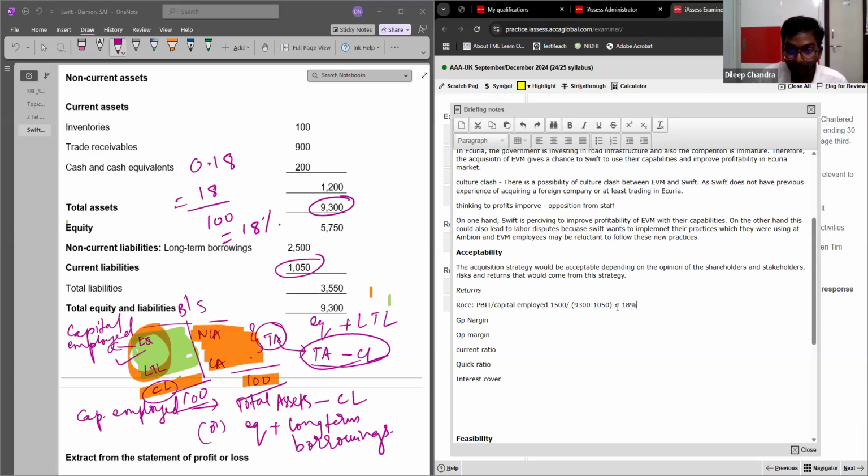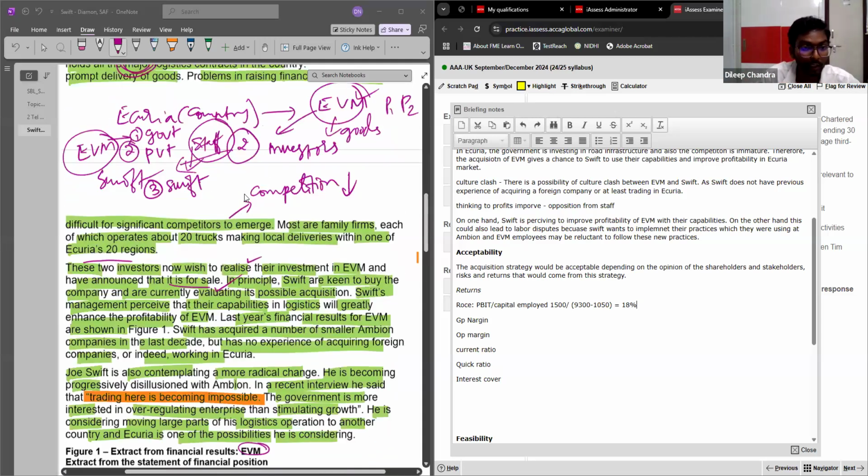Now we'll have to compare this with the ROCE of SWIFT. If ROCE is almost similar or even higher, shareholders will be happy to accept this acquisition. If ROCE is good, it means returns are coming from this investment. If it is more than their current ROCE, they will be happy to accept it. How much is the ROCE of SWIFT?